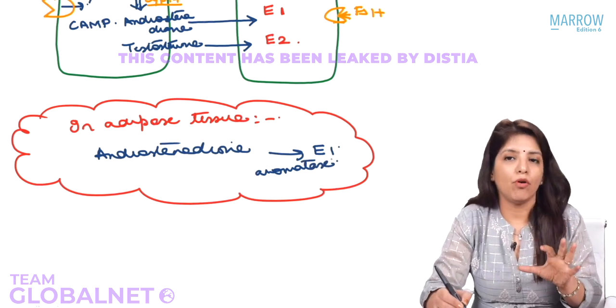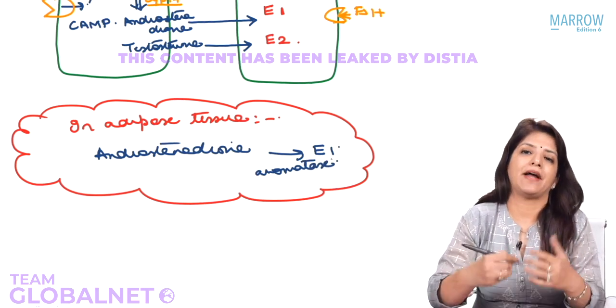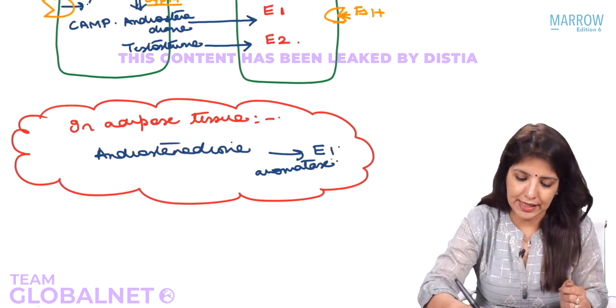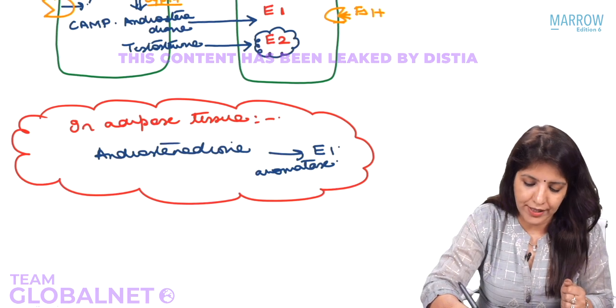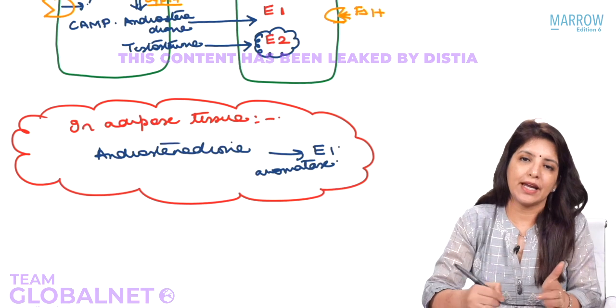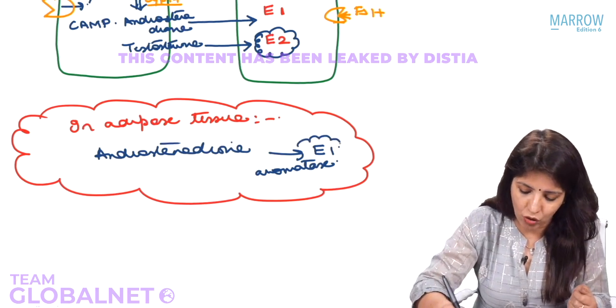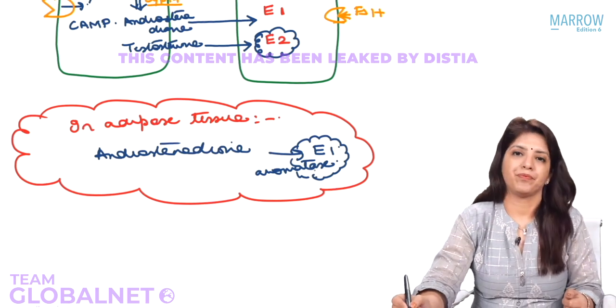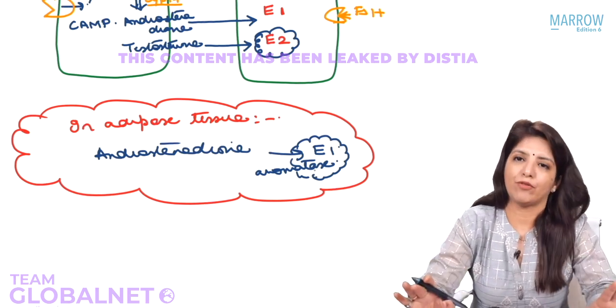So, the main hormone formed in the granulosa cells when androgens get converted into estrogen is E2. But when androgens are getting converted into estrogen in adipose tissue, the main hormone formed is E1. Right? That is one thing which you have to remember.